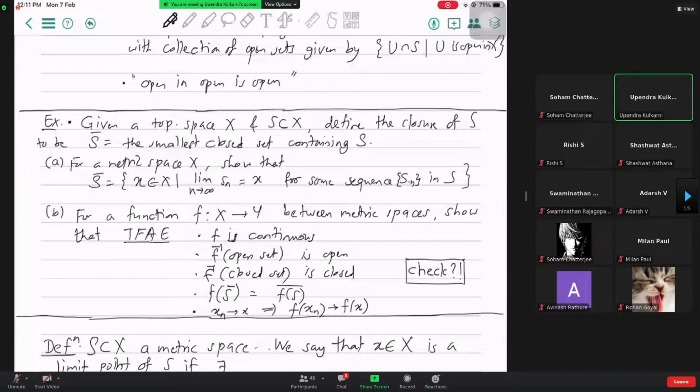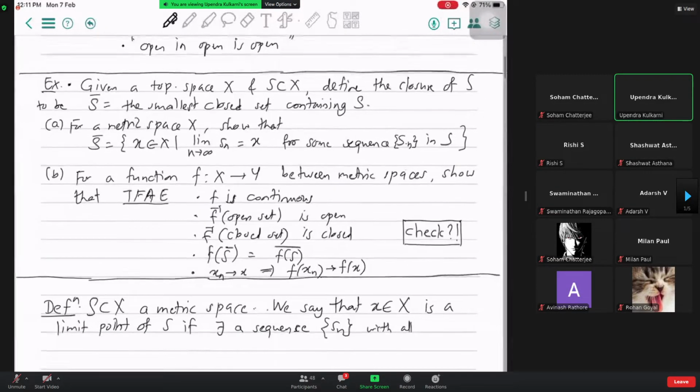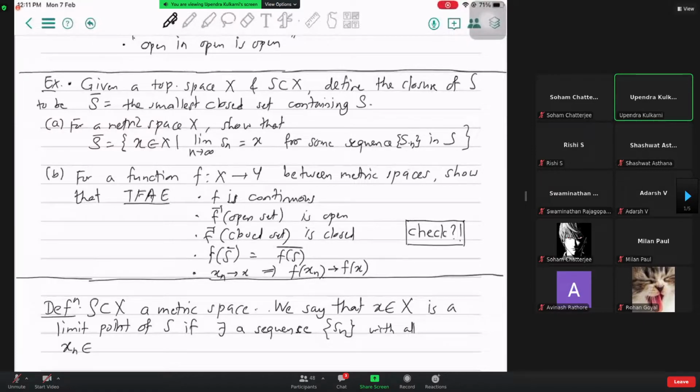If there exists a sequence Sn such that the limit of this sequence is X. And this is morally correct, but it's not quite.